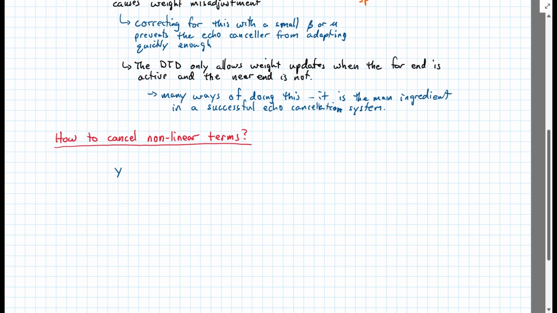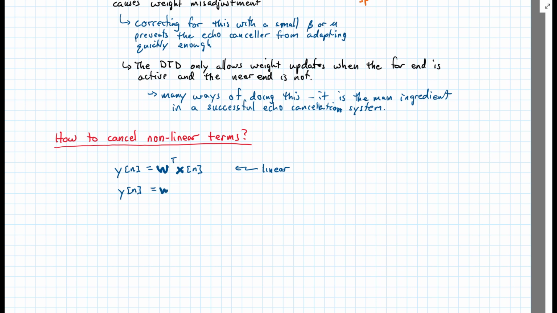Recall that in a system such as this, when we talk about linearity, we're not just talking about something that forms a straight line in some plane. It has to be linear in terms of you double the input, you get a doubled output.